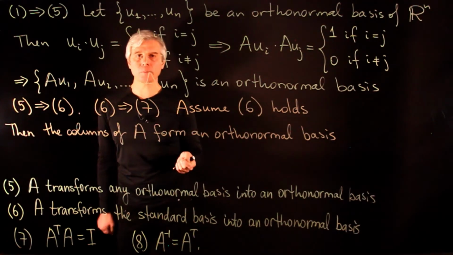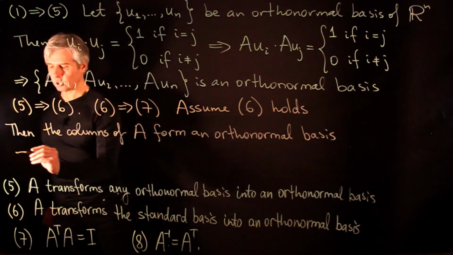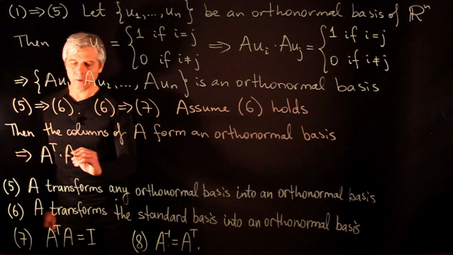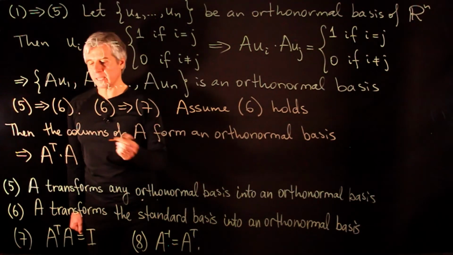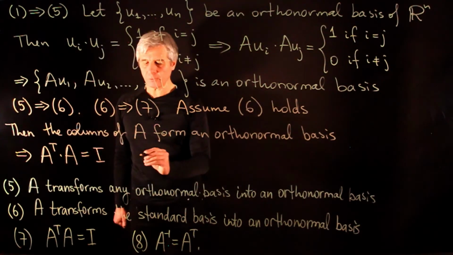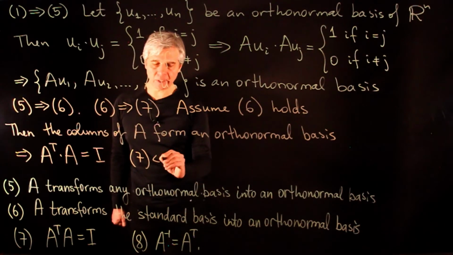And if we take a dot product of a column with itself, we get 1. And this shows that the product of A transpose times A will have 1s along the diagonal and 0s elsewhere. So this is the identity matrix. And of course, it's immediate that 7 is equivalent to 8.